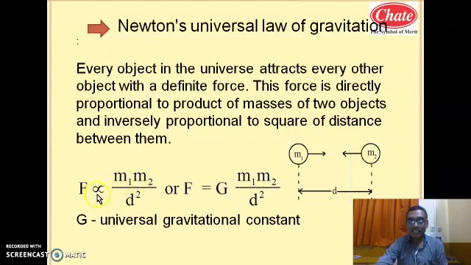To write this equation from proportionality into equality, we have to take some constant. Here the constant is taken as G, called the universal gravitational constant. This constant has a value 6.67 into 10 raised to minus 11 Newton meter square per kg square.